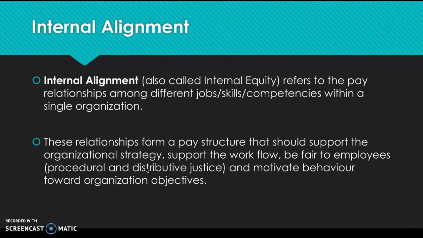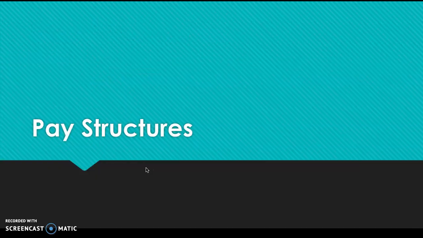It supports the idea that work should flow and we should be productive. We want these relationships to form a structure that's fair and motivates people to behave. So it's really determining the dynamics or relationships between the different jobs and making sure that they support the strategy, they're fair, and they motivate people to perform.